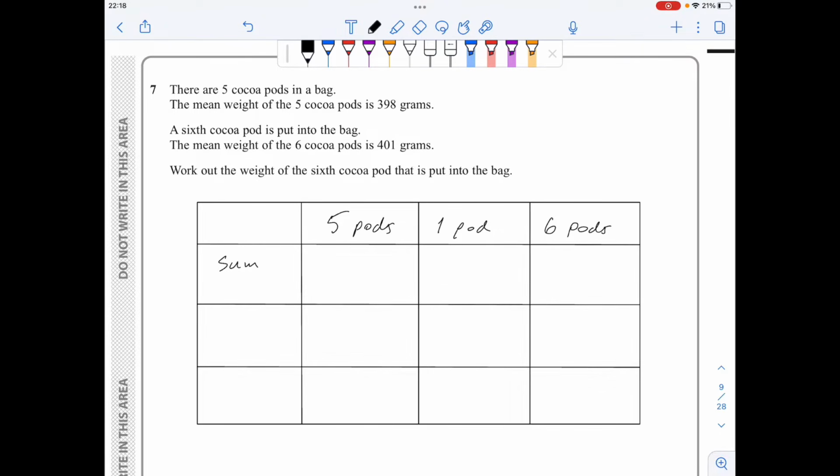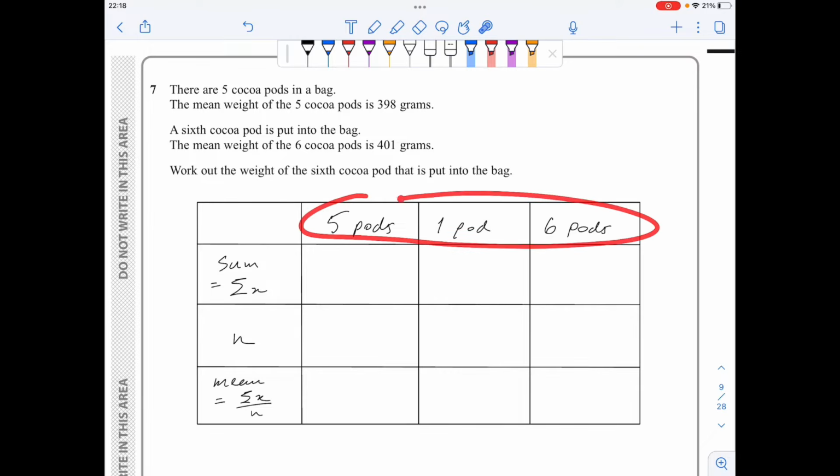Now the symbol used for the sum is sigma x. I'll need another row for n, which is the number of pods, and one for the mean, which is the first row, sigma x, divided by the second row, which is n. Now, the number of pods are given in the titles, so 5, 1, and 6.